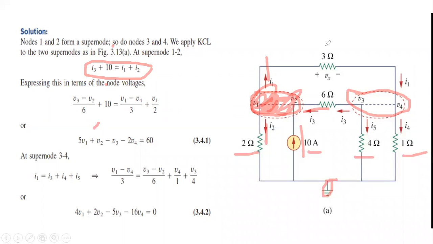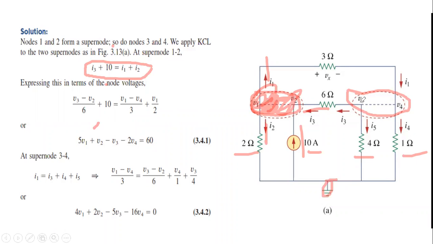Further, we have to replace these currents with voltages. How can we do that? I3 is between V2 and V3, but it is flowing in the left direction.